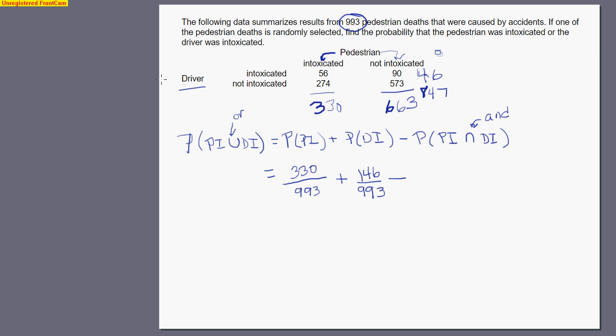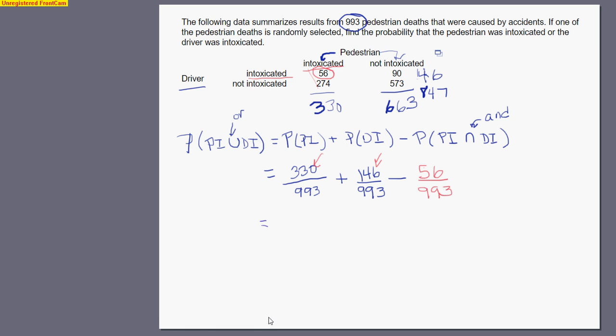Where both are intoxicated, we're looking at these 56 people right here, where the pedestrians are intoxicated and the drivers are intoxicated. So we subtract this 56 out of 993, because these 56 people are getting counted both here and here. They're counted twice, and we only want them counted once, so we have to subtract one off.